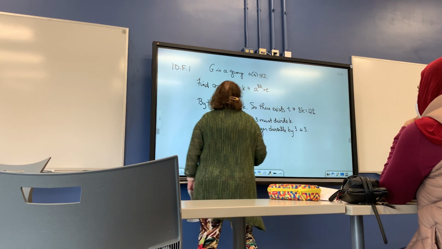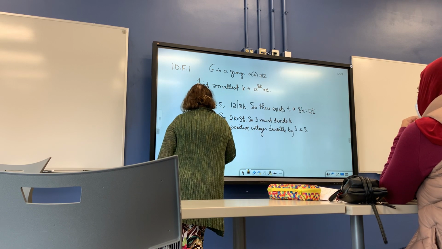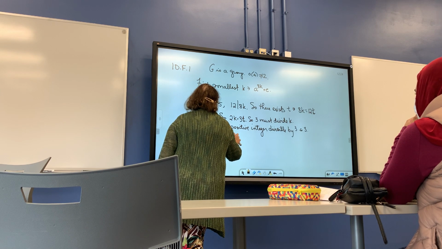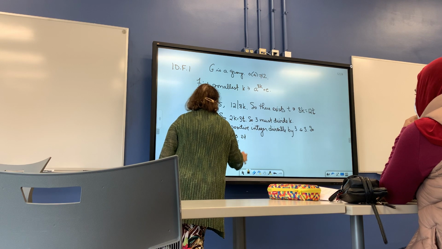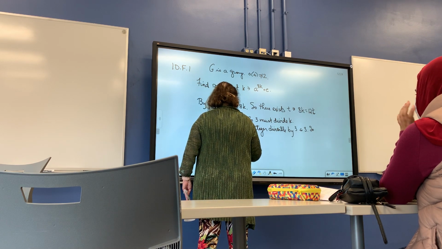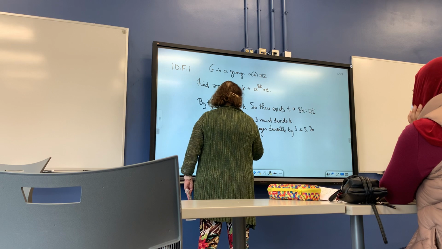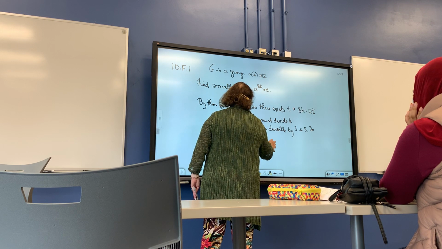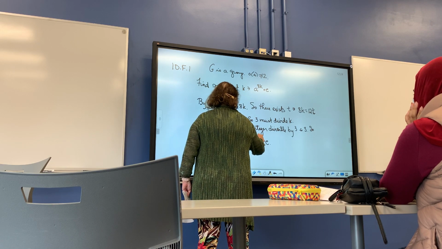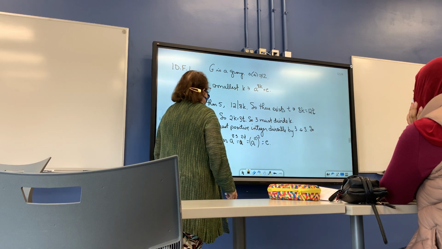So consider a to the 8 times 3, which is a to the 24, which is a to the 12th squared, which is e. So k equals 3.